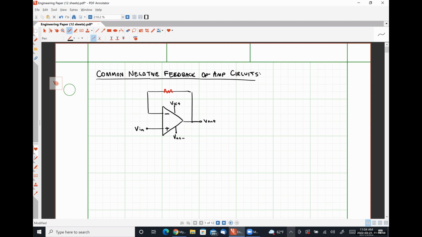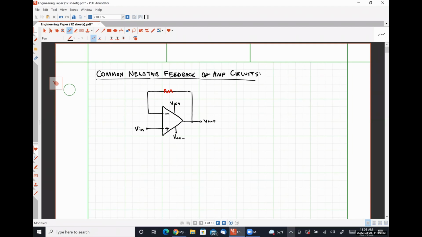So to analyze these circuits that we talked about today, again, all being negative feedback circuits, we're effectively going to go through the same few steps over and over again. We are going to apply the op-amp rule that says no current can flow into or out of our input terminals. Then we are going to determine the voltage present at our non-inverting input terminal.